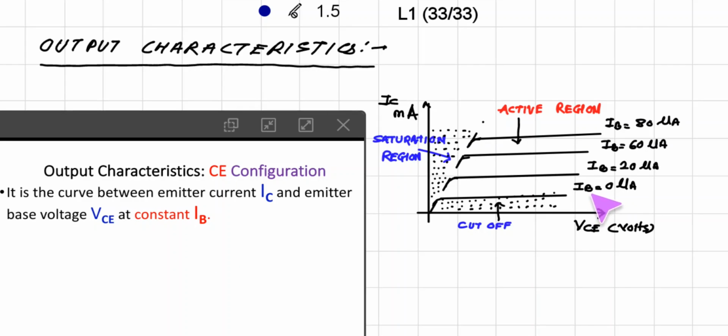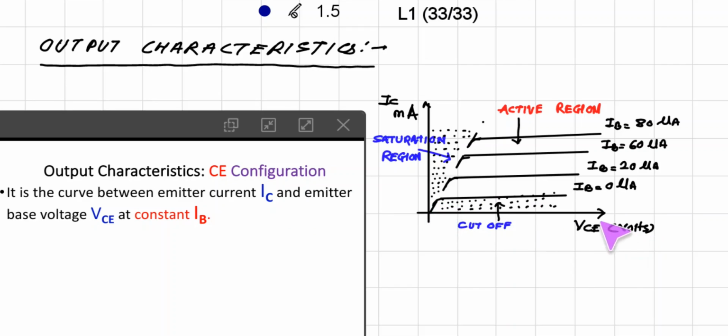Here you see that IB is constant. Okay, so this is the cutoff region, this is the saturation region. So when you increase VCE, the voltage across collector and emitter, when IB is equal to 0, you get some collector current. So collector current increases up to this level.